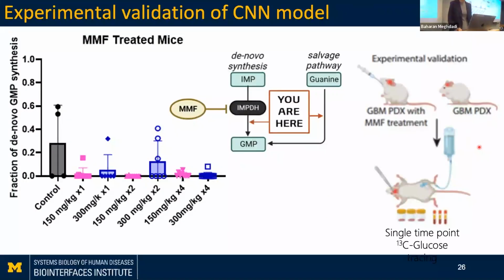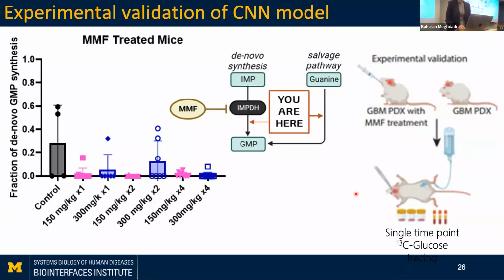Then we did an experiment on mice. So again, we have GBM PDXs and some GBM PDXs with the MMF treatment. For these two conditions, we have the 13C glucose tracing in these mice.